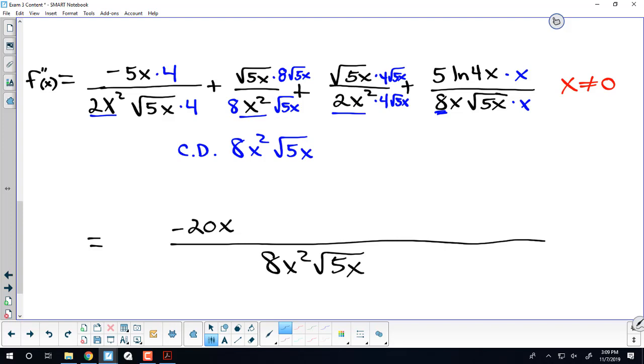Minus 20x, we have a 5x times 8. 5x again times 4. And then we have a 5x ln 4x, all over the common denominator.